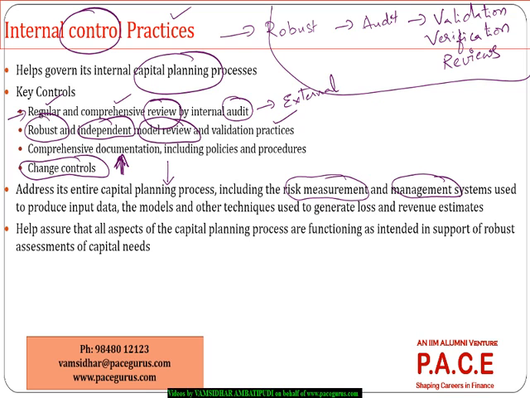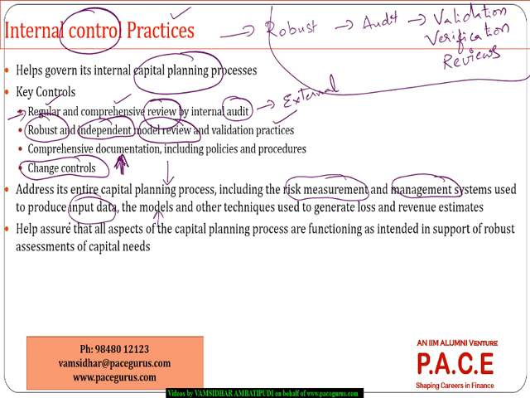So there should be policies, procedures, verification, validation, driving the risk management systems, which are used to produce input data, which are validating the models, and any other techniques that are used for loss estimate, revenue estimate. There should be a thorough validation and verification of all the models that are being used.